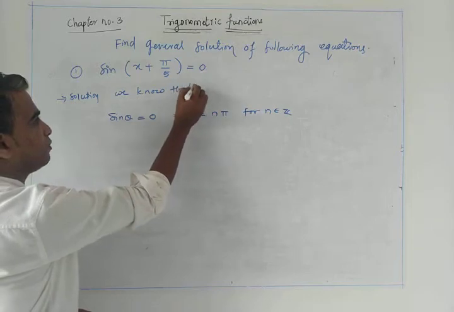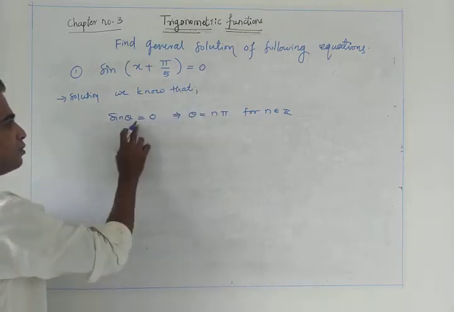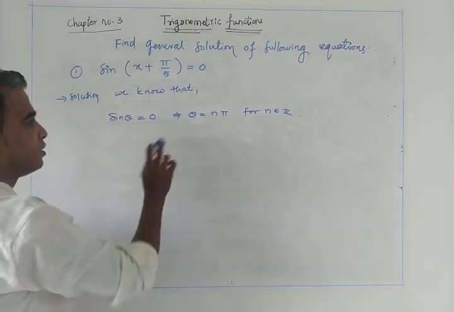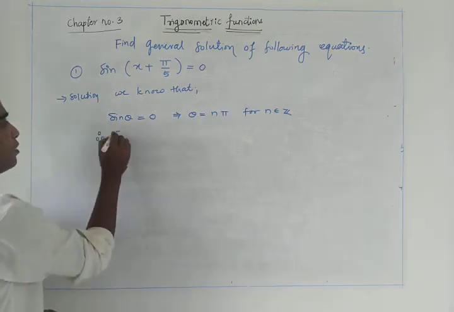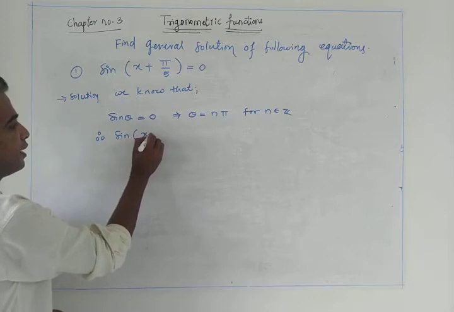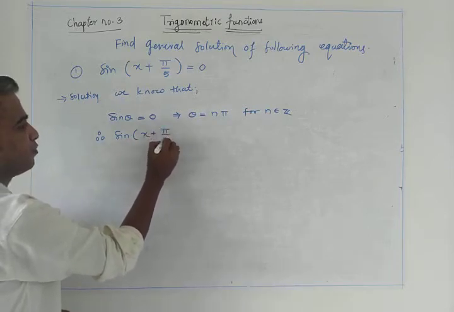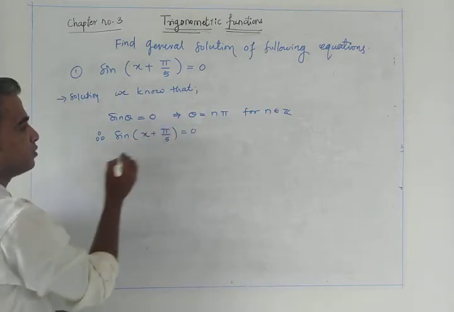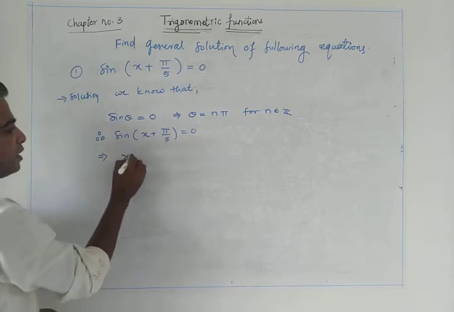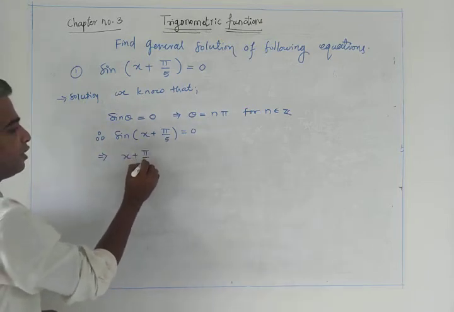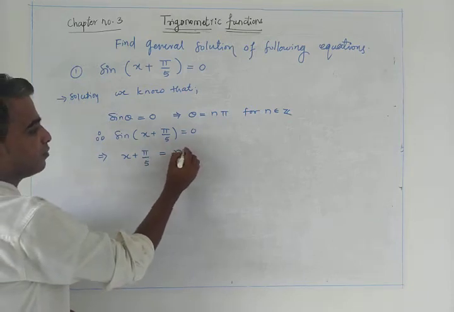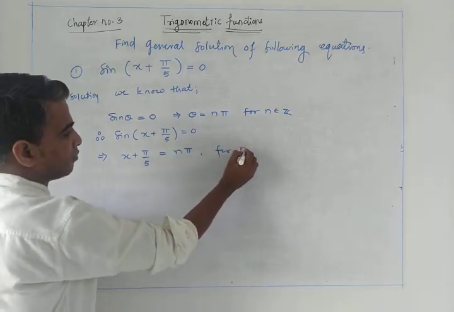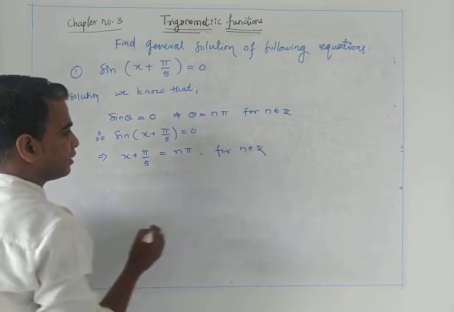Don't forget, always write the formula first. We know that sin theta = 0 implies theta = n pi. Therefore sin(x + pi/5) = 0 implies x + pi/5, that value of theta, is equal to n pi for n belonging to Z.